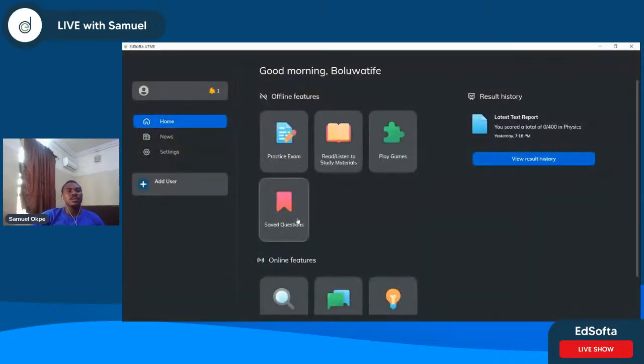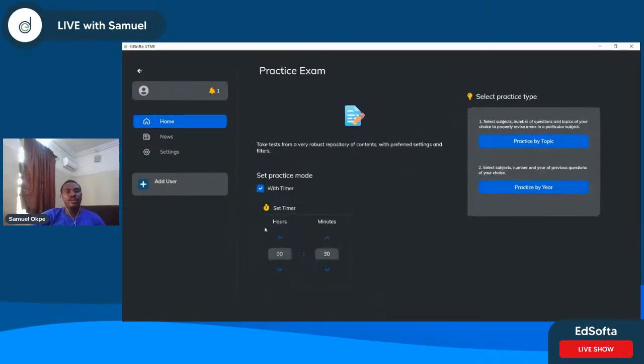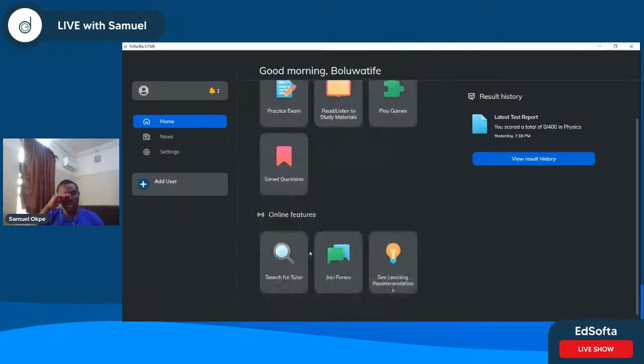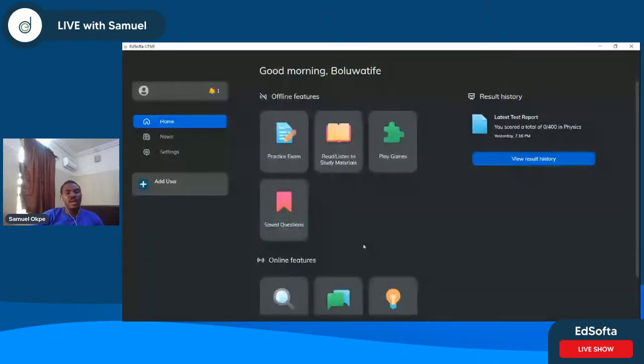Okay, so this is what the EdSofta app looks like. We have practice exam, play games, save questions, search for tutor, join forum, and a lot of features that you can use.